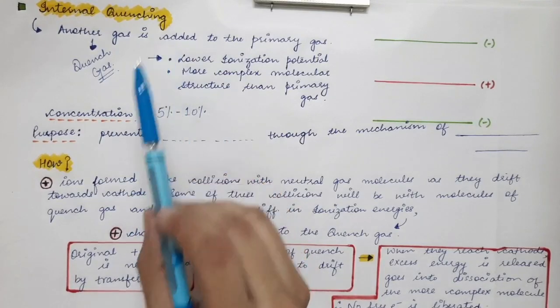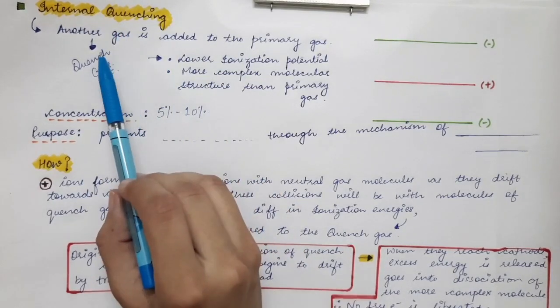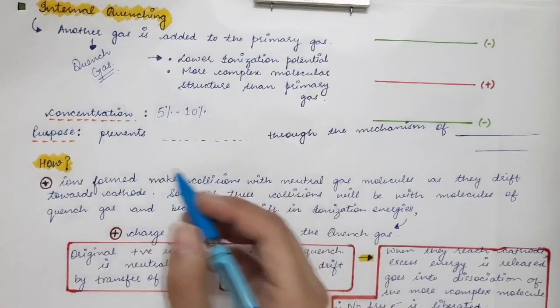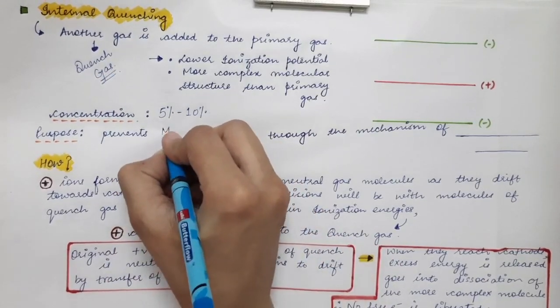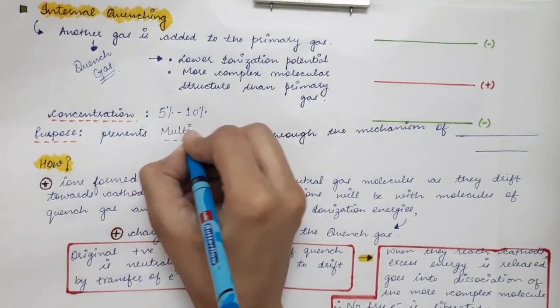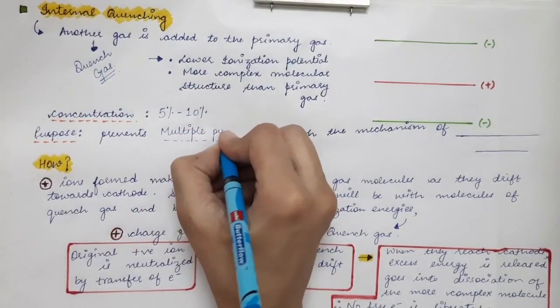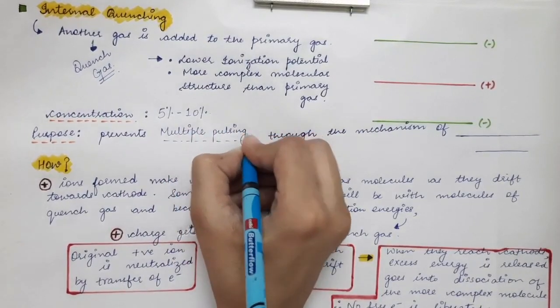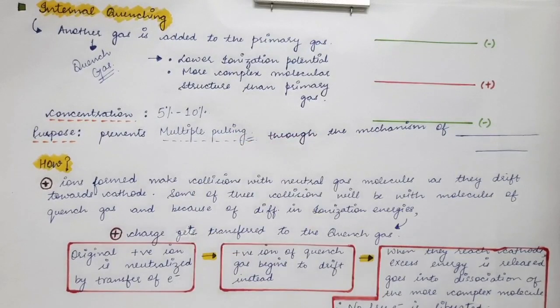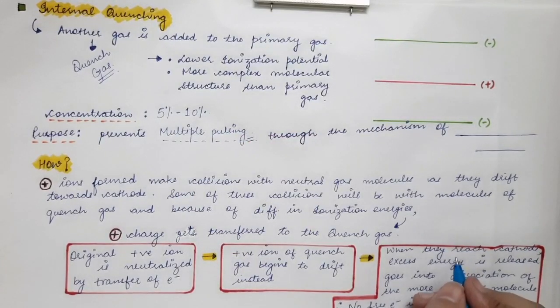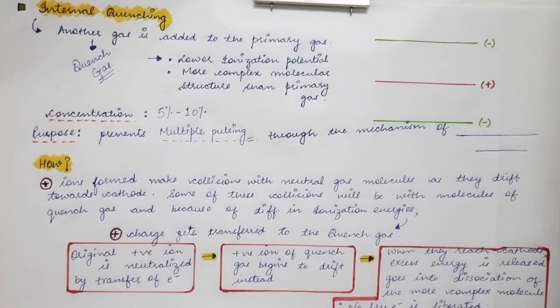And what is the purpose? The purpose of using this additional gas is to prevent multiple pulsing. As we have said, the quenching techniques are used to avoid multiple pulsing.